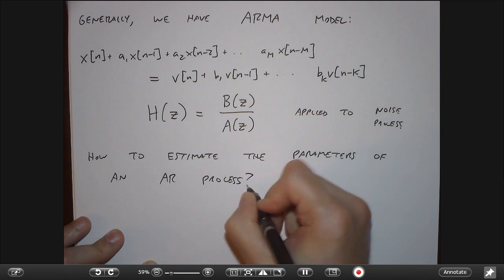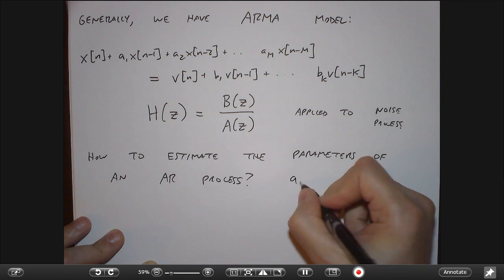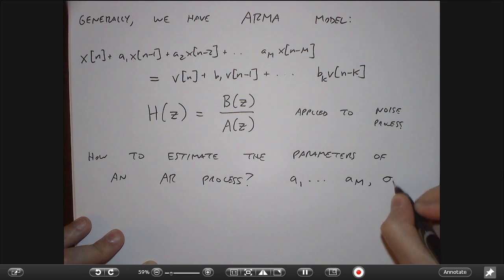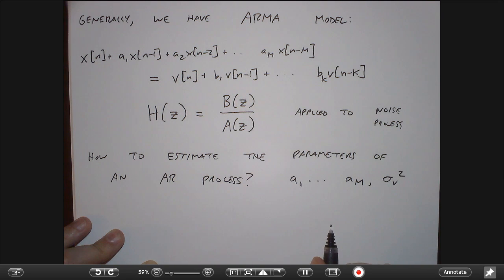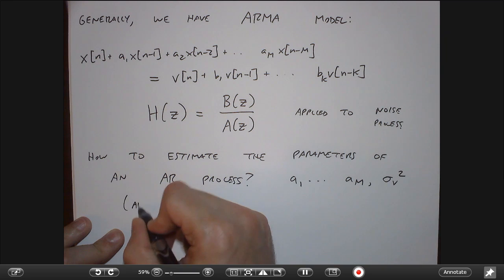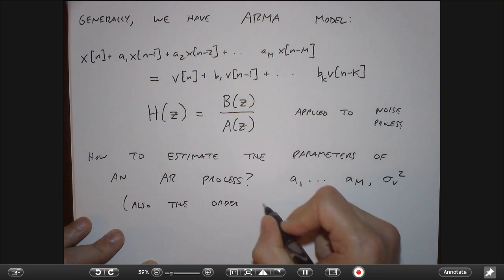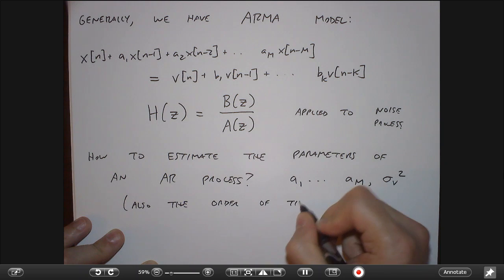Right, so what would we need to know? We would need to know these m numbers and the variance of the noise, right? So there are m plus 1 things to figure out. It's also possible that we don't know what m should be, so also the order of the model m.